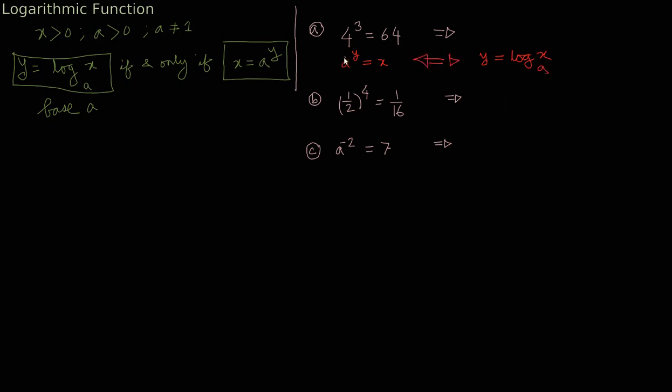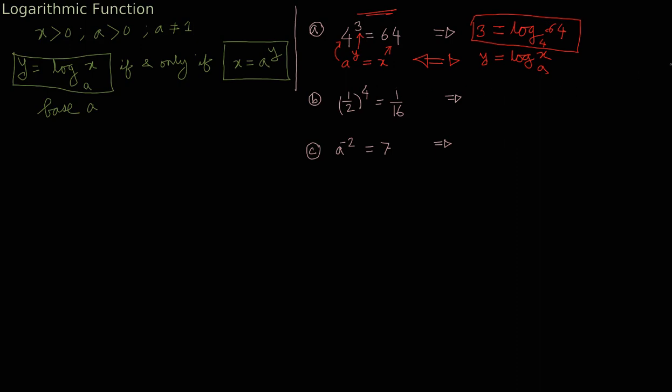Now in this case my a is 4 and my y is 3 and my x is 64. So 3 equals logarithm of x, what is my x? 64. And what is the base a? A is in this case 4. So this is the equivalent logarithmic expression for this power expression.